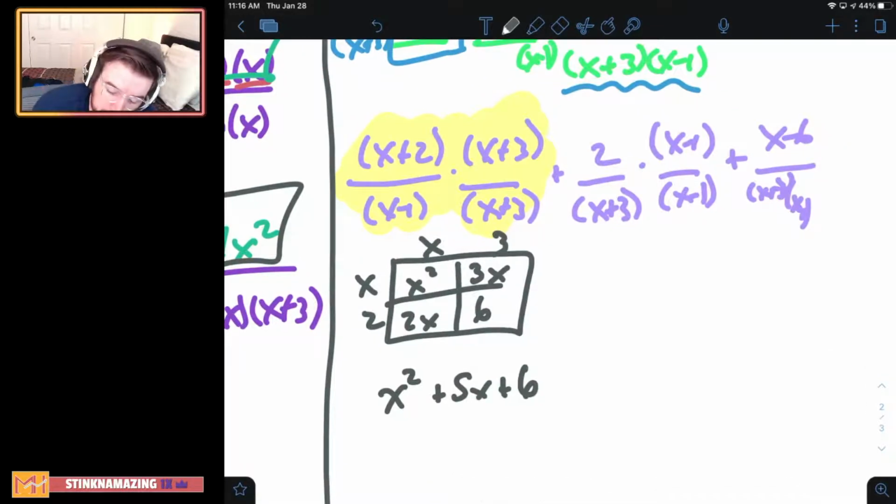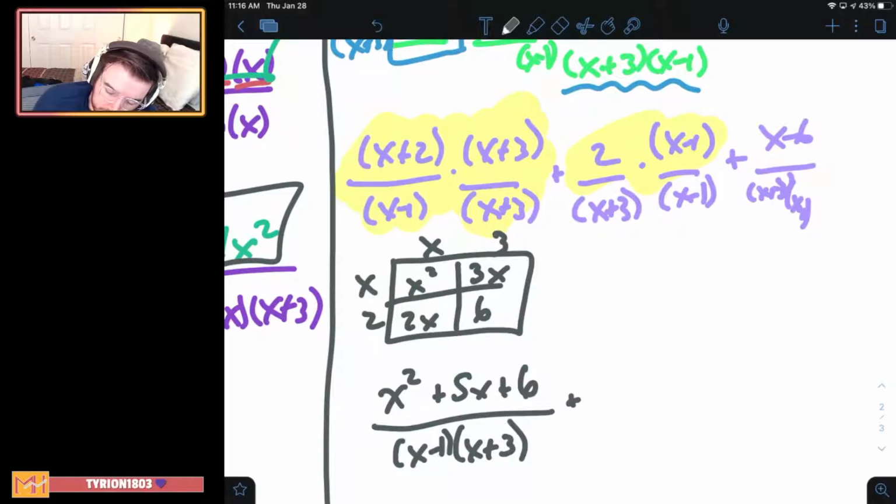And another question pops up on screen. This one's a little bit quicker. What are these guys going to multiply together to become? All right. I forgot to write my denominator here. It gets tedious, right? 2x minus 2. I'm just simply distributing the 2.